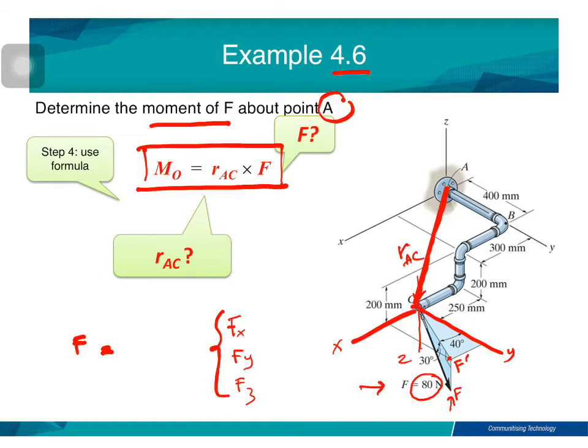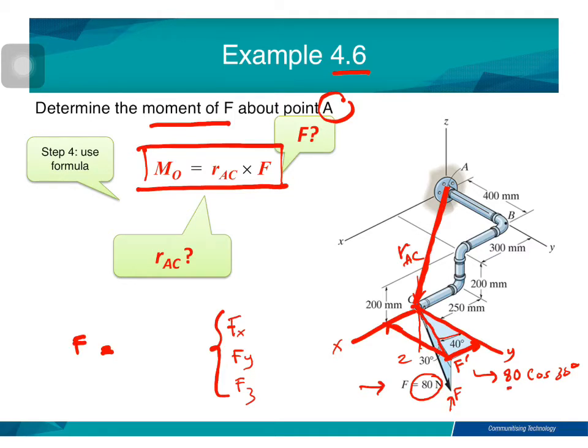F prime is equal to 80 cos 30, right? So now we need to resolve into component X here and component Y here. So what is the Fx? Fx is, so we have here 40, right? So we have that F prime.